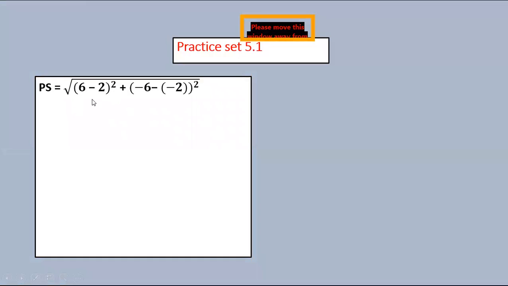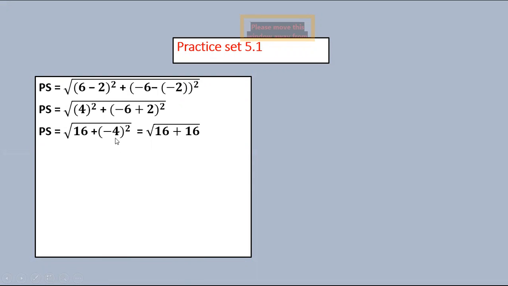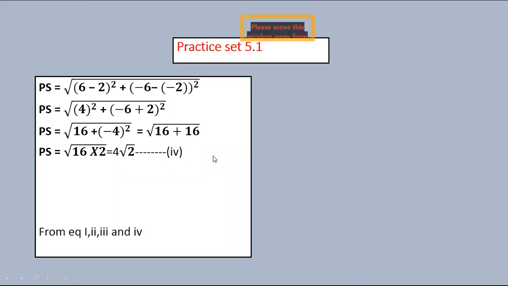PS is equal to square root of (6 - 2) square plus (-6 - (-2)) square. 4 square plus (-6 + 2) square. 4 square is 16, (-4) square is 16. 16 plus 16. Therefore, PS is equal to square root of 16 multiplied by 2, 4 square root 2. We get equation number 4.